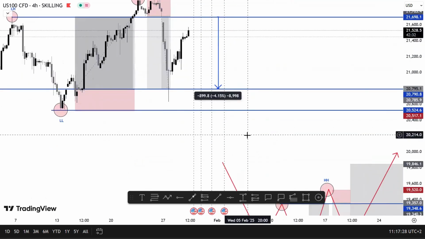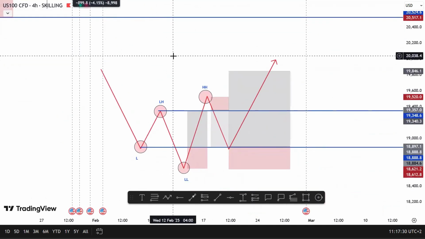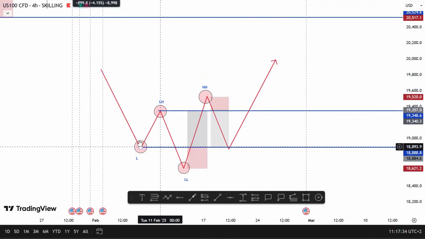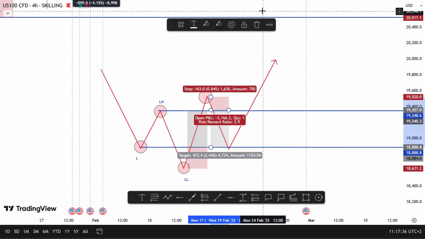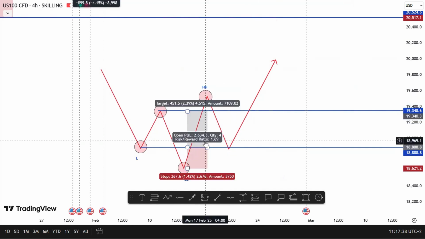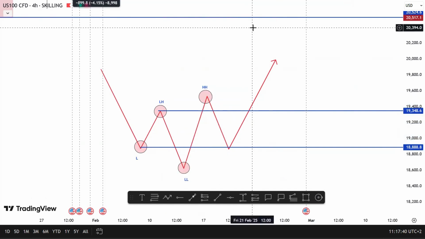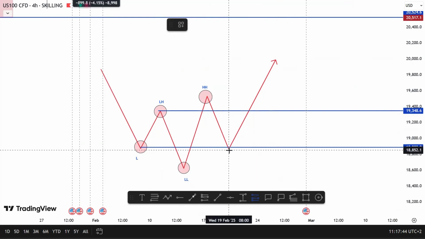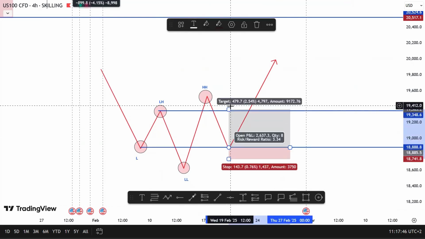So to look at this, most of the people, what they do is they will call this entry here the third entry. Let me just remove this and this. So what they will do is they will call the third entry from the breaker block.